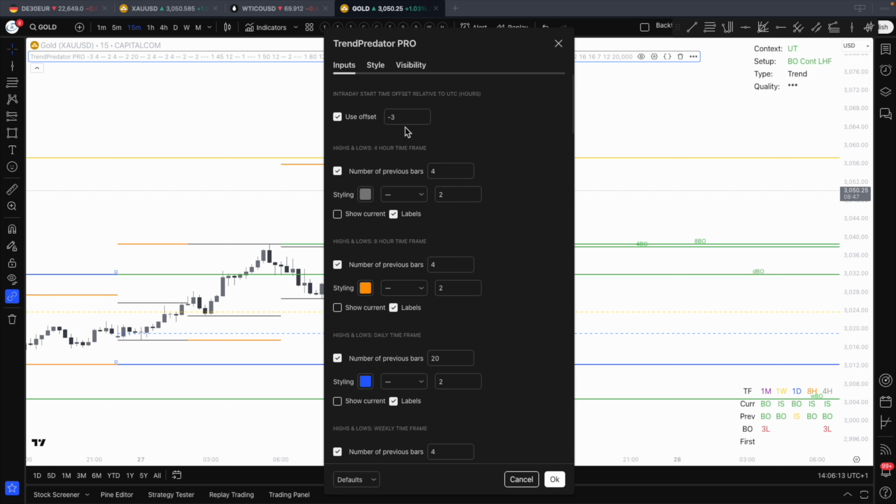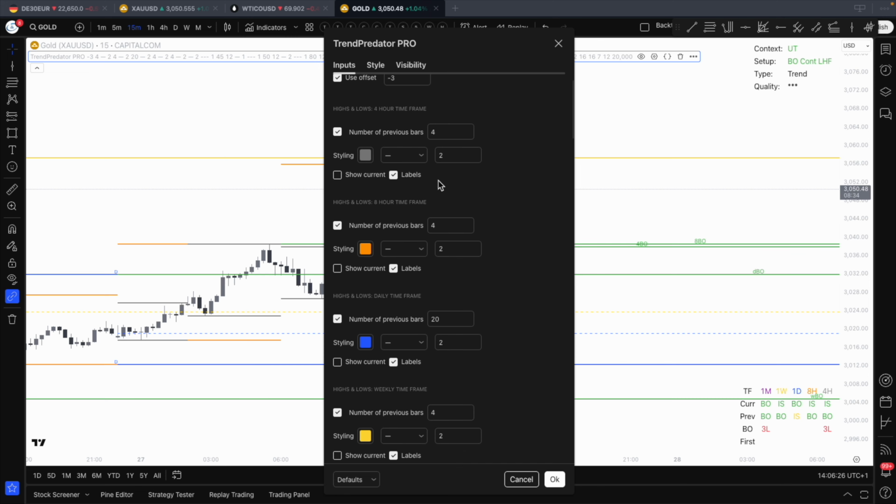So don't really think about the absolute time. That's not important. Just look at the result on your chart and then add or subtract hours here until it gets to your specific liking. Then you have here in the sequential row all the different options based on the functionalities. So it starts with the highs and lows, as we discussed before.